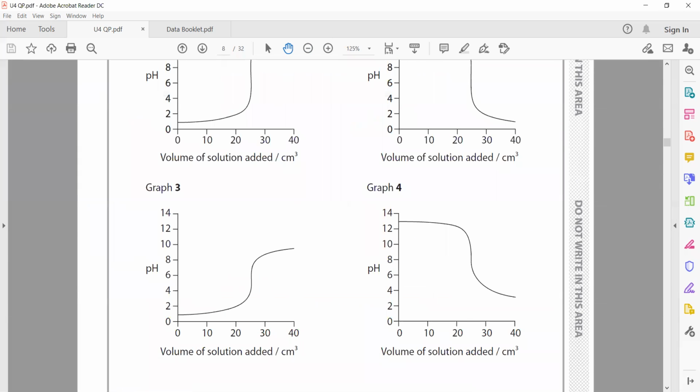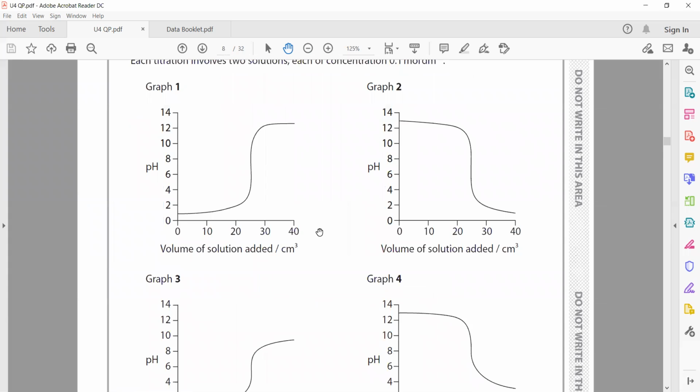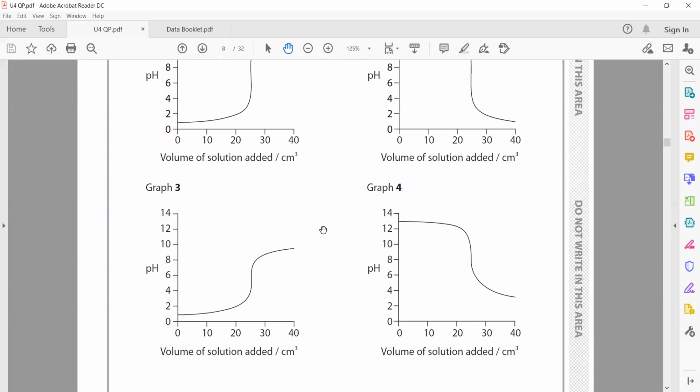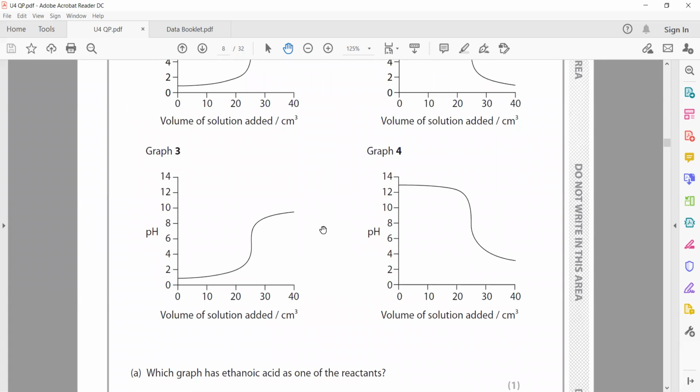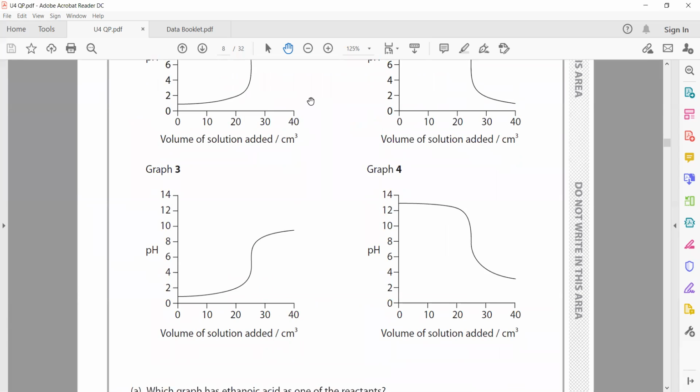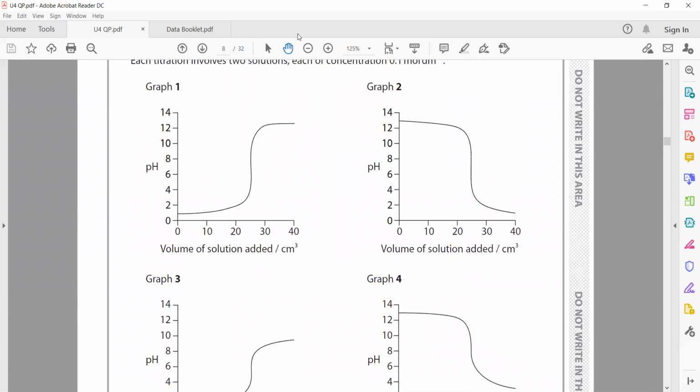So you can see this graph is there. Acidic pH at the end point. Because what you can conclude from this one, strong acid is reacting with strong base. Here also strong base is reacting with strong acid.